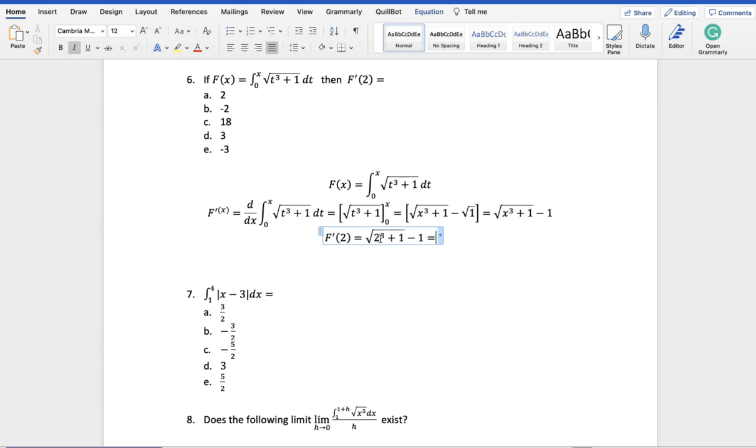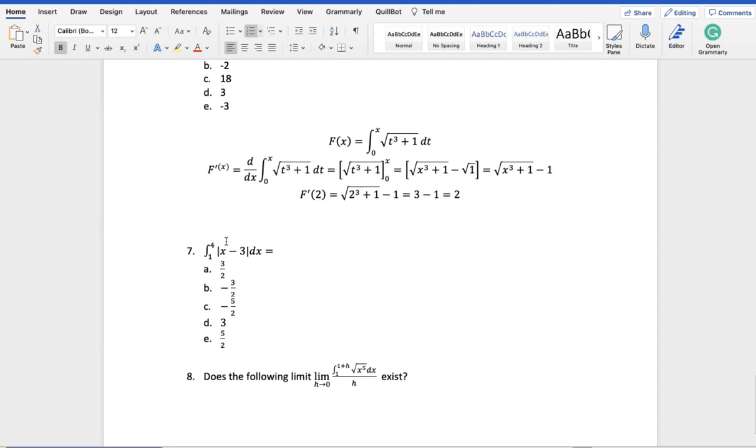And 2 cubed is 8, plus 1, which is 9. The square root of 9 is 3. 3 minus 1 is just equal to 2. Okay, so the answer is A here. Any questions here?